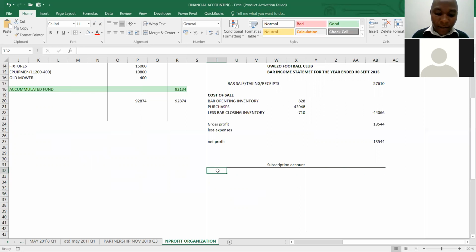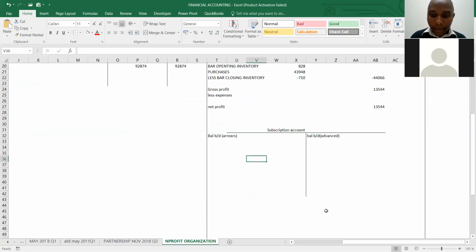In the subscription account, the first thing you start with is the balance brought forward in arrears. This one is arrears. On the other side there is a balance brought forward, but this one is advance. Those are subscriptions in arrears. This is the free marks I'm giving you, because these figures will be provided.